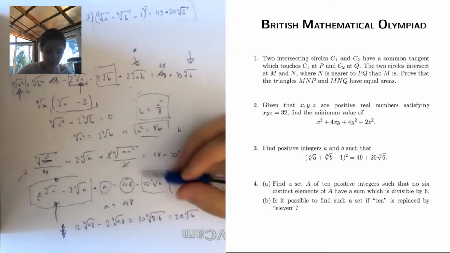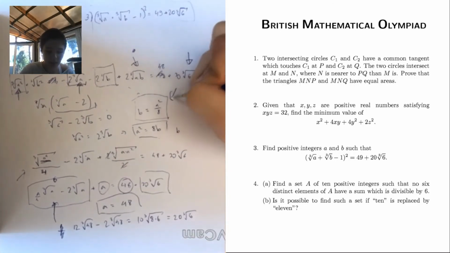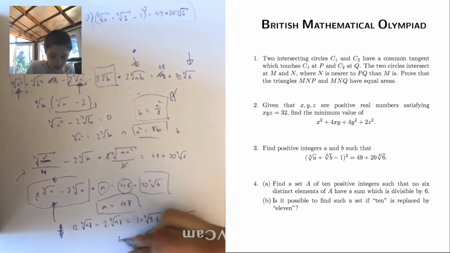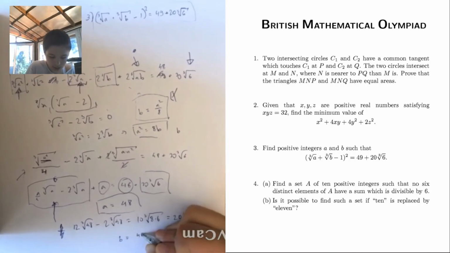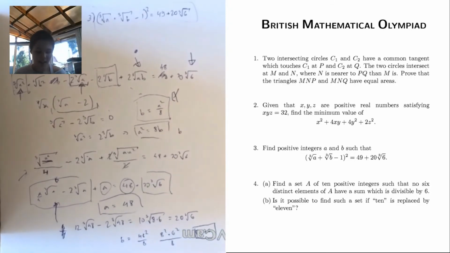Great. So we know that A is equal to 48 works, and we know how to determine B from here. B is going to be equal to 48 squared over 8, so that's 8 squared times 6 squared over 8, and that's 8 times 36, which I'm not going to count because I can't. But yeah, that's the solution.